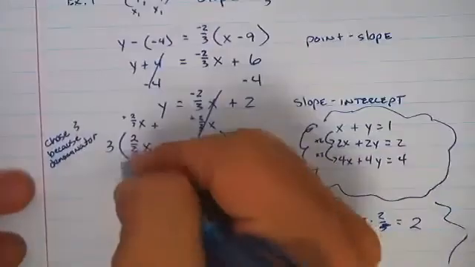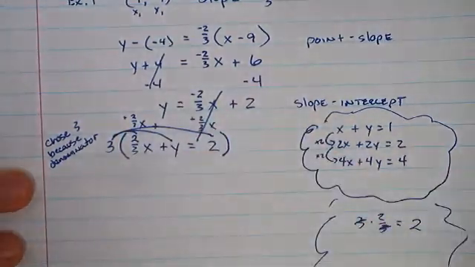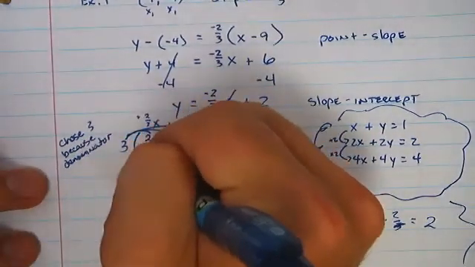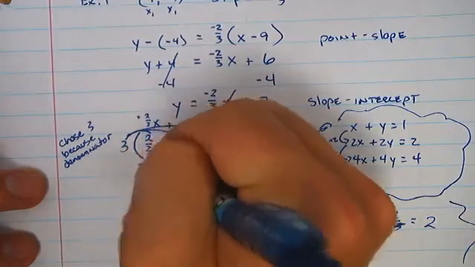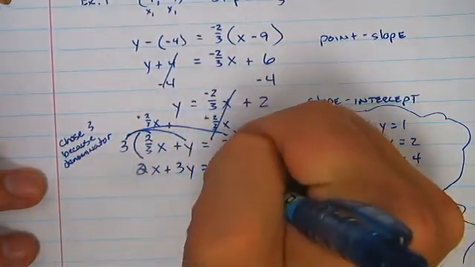So 3 times this, and times this. All the way across, I'm going to increase by a factor of 3, which is going to give me 2x, I'm sorry, 2x plus 3y equals 6.